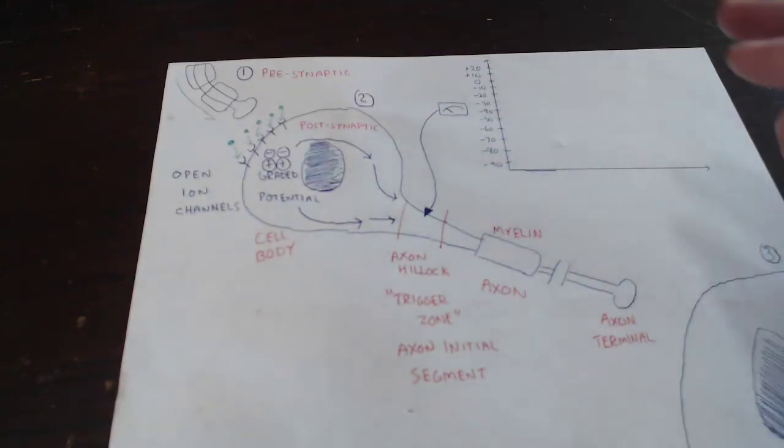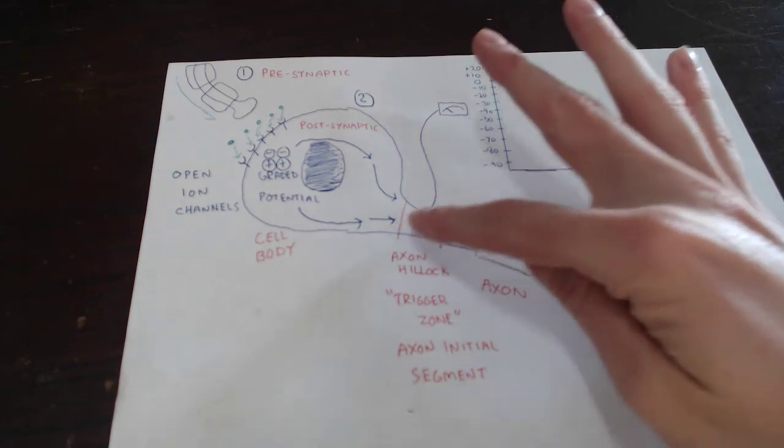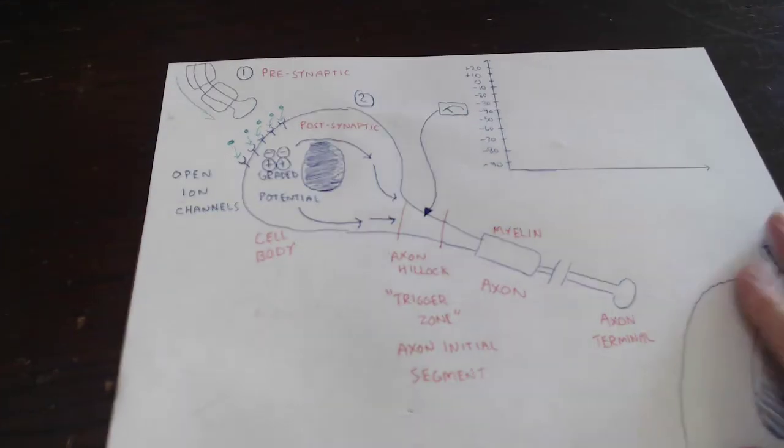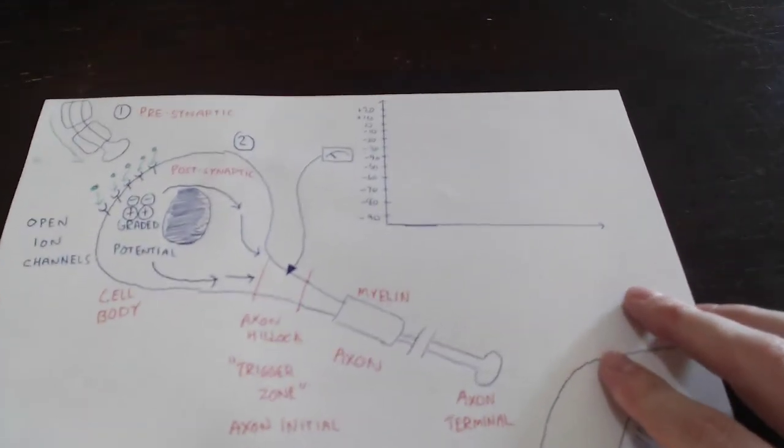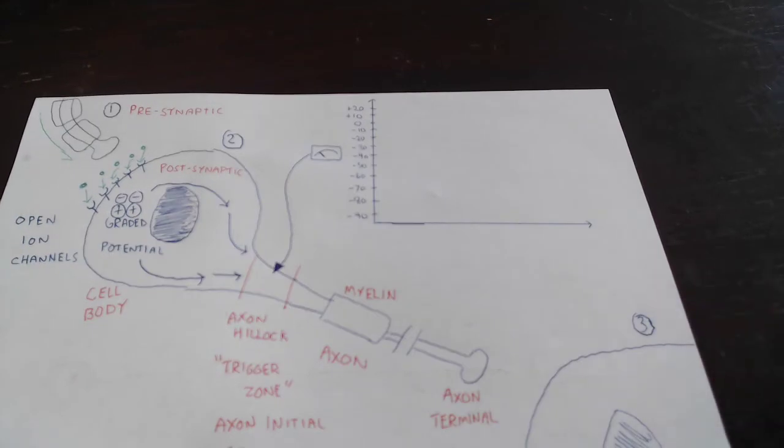So at this point, we've got the graded potential. It is traveling towards the axon hillock. Let's take a break for just a second and review membrane potential. The membrane potential for any given cell refers to the difference in electrical charges across the cell membrane. You will remember that the inside of the cell for most cells in the body is going to be much more negative than the outside, relatively speaking.